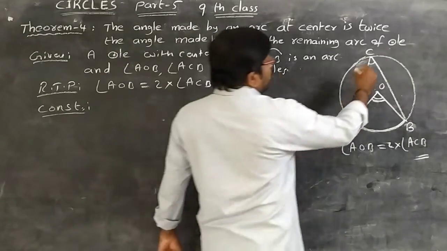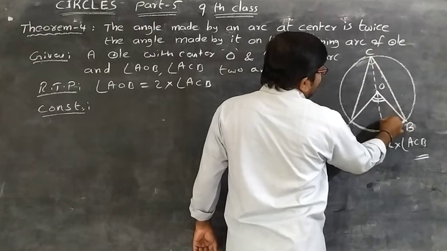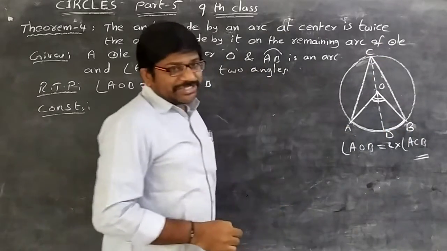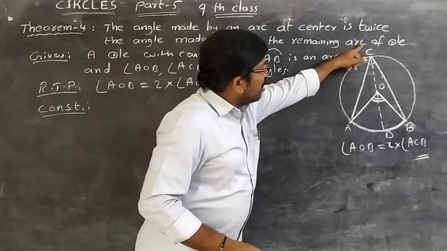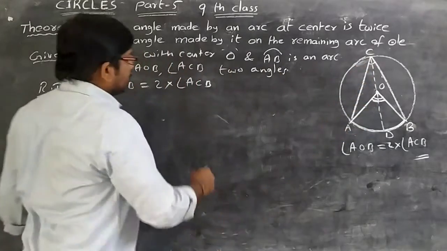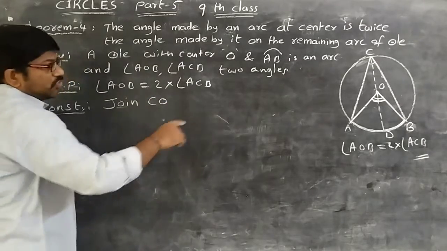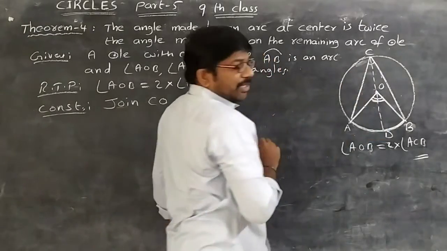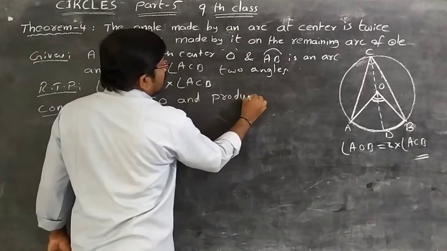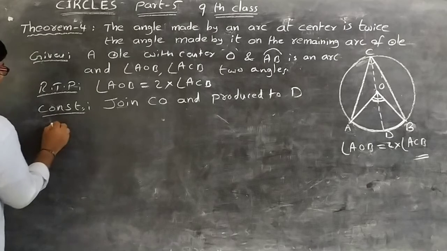Through C, draw a line which passes through the center of the circle, that is a diameter, say D. So join CO and produce it to D. That is the construction.